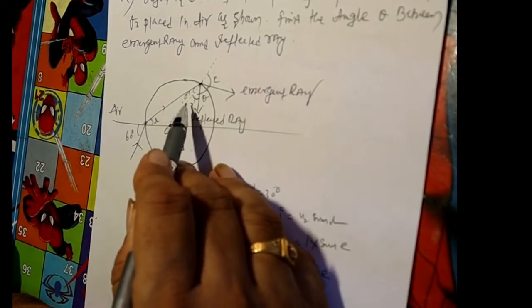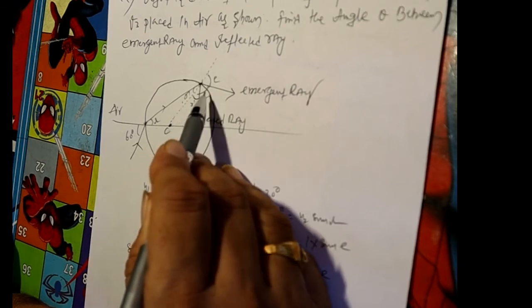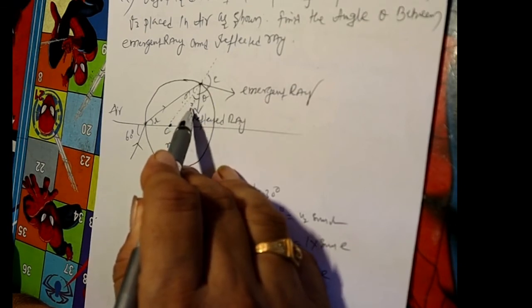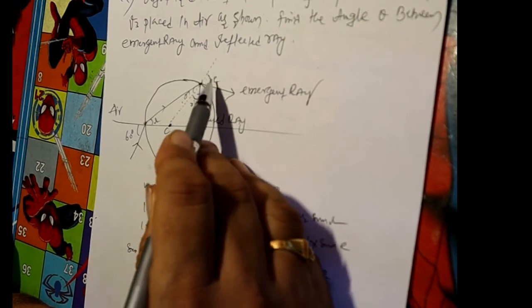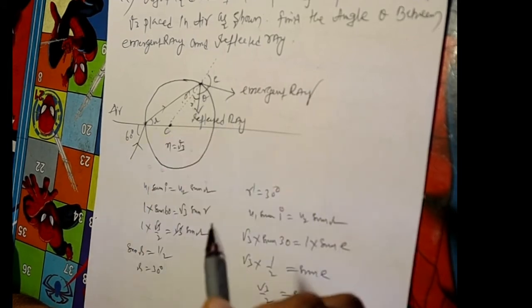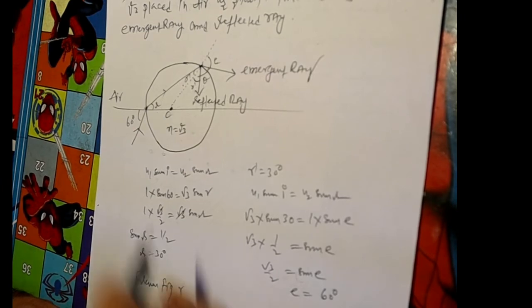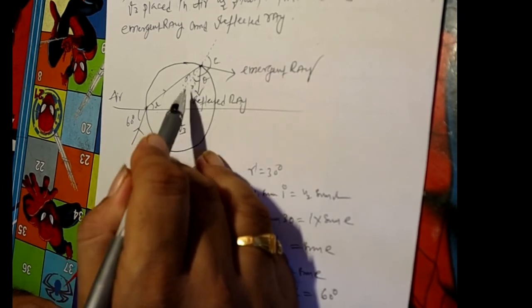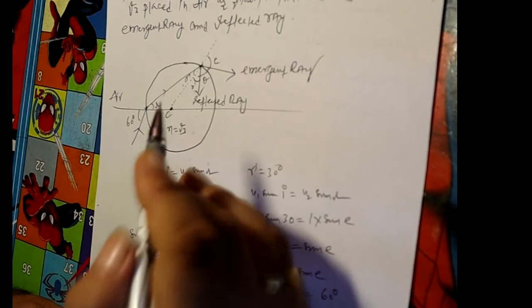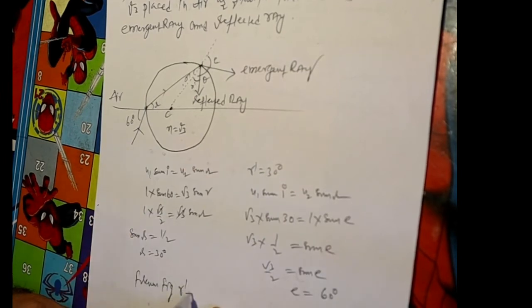Now we use one principle here. r dash plus theta plus e is equal to how much? 180. From the figure, the total angle on the straight line is 180 degrees. r dash plus theta plus e is equal to 180.